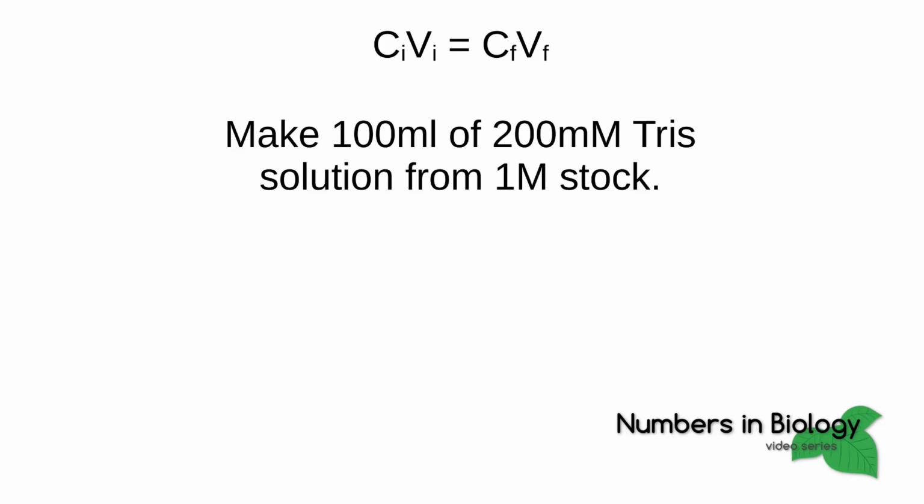So here you're asked to make 100 milliliters of a 200 millimolar solution of Tris from a 1 molar stock. Now this problem doesn't seem to look very much different from the original one. In fact, it isn't. The only difference here is the way in which I wrote out the final concentration.